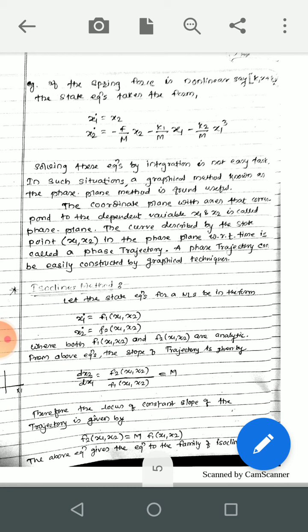Let the state equations for a nonlinear system be in the form x1 dot equal to f1 of x1 x2 and x2 dot is equal to f2 of x1 x2, where both f1 of x1 x2 and f2 of x1 x2 are analytic. From the above equations, the slope of the trajectory is given by dx2 by dx1 is equal to f2 of x1 x2 divided by f1 of x1 x2.